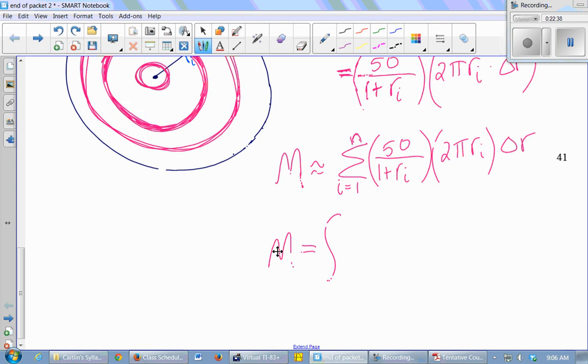So I have 100 pi r over 1 plus r, just multiplying those two together, dr. And what are my bounds of integration? From where to where am I stacking these concentric rings? 0 to 10,000.